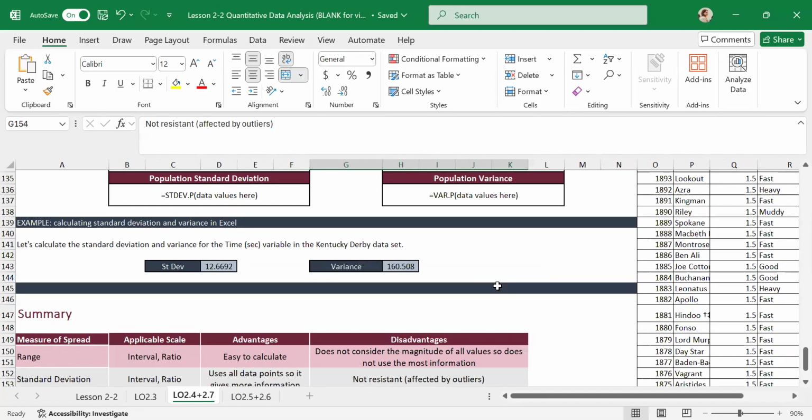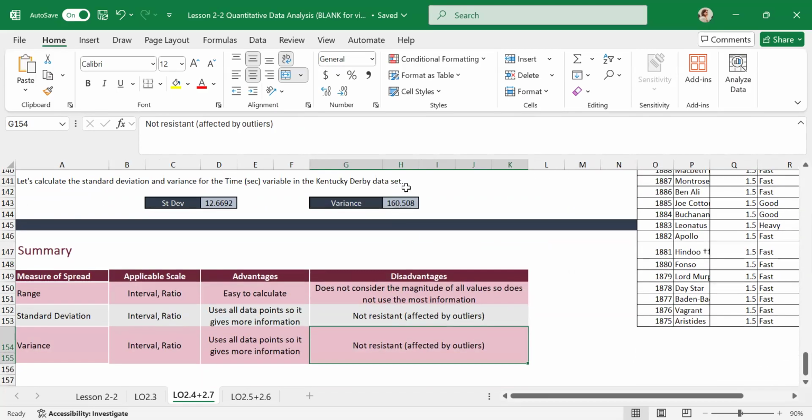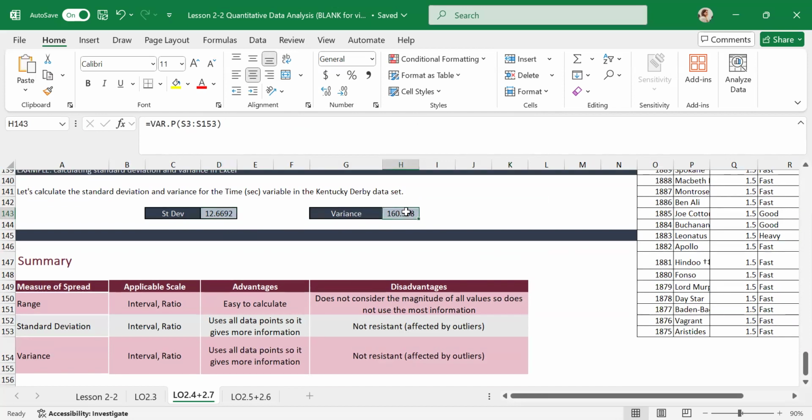Another bad thing about the variance that I didn't mention before is that it is measured in units squared. Because we took the square of the standard deviation value, the variance would be measured in seconds squared, which is a weird unit to have. That's why we typically don't prefer to work with the variance. If you had data captured in dollars, then the variance would be measured in dollars squared.